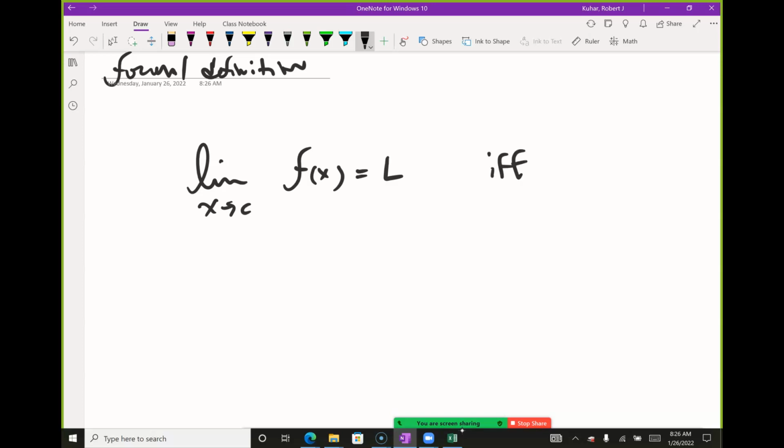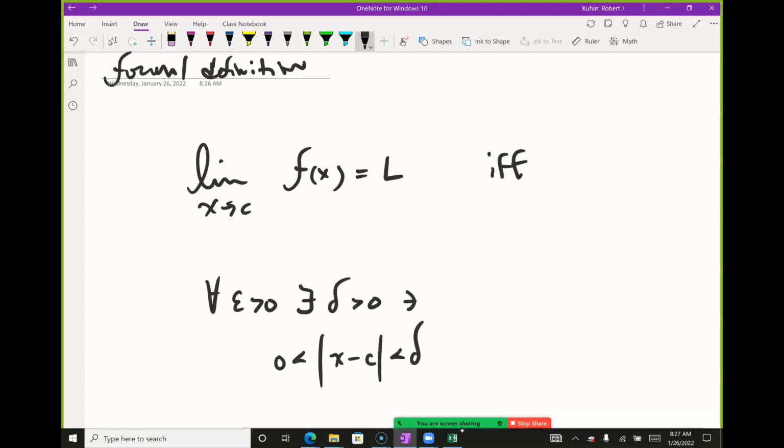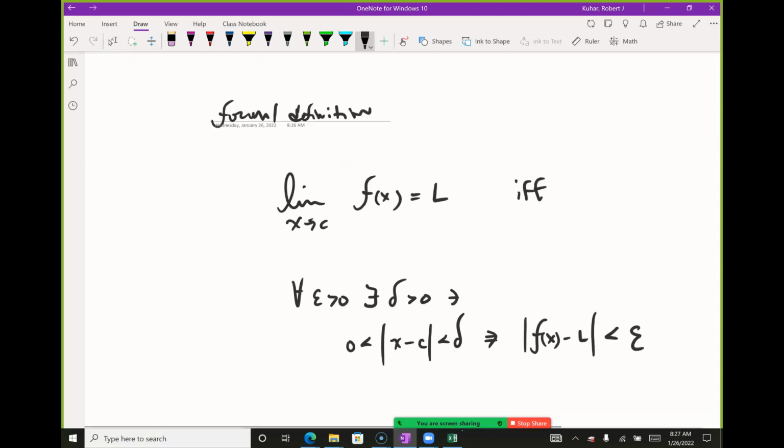So meaning these are logically equivalent. They say the same thing. For every epsilon greater than 0, there exists a delta greater than 0, such that 0 is less than the absolute value of x minus c, which is less than delta, implies the absolute value of f of x minus L is less than epsilon.